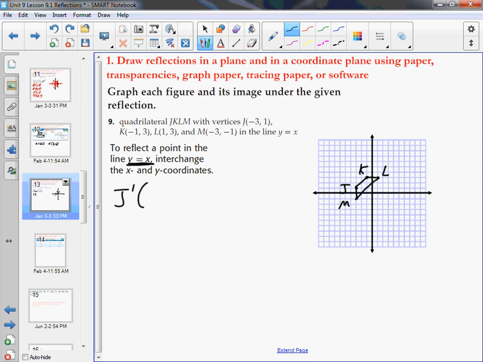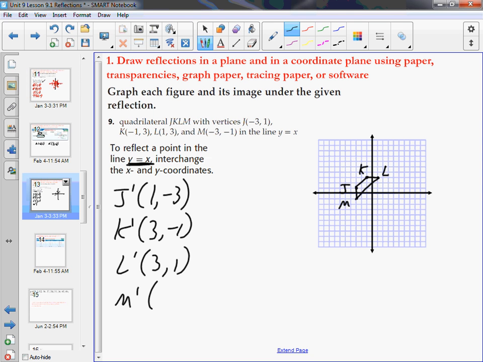So J prime, J is negative 3, 1, so J prime is 1, negative 3. K is negative 1, 3, so K prime is 3, negative 1. 1, 3 becomes 3, 1. Negative 3, negative 1 becomes negative 1, negative 3.